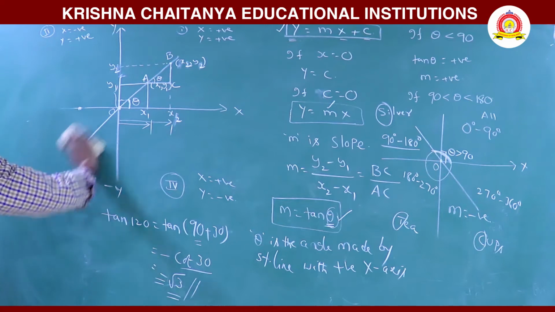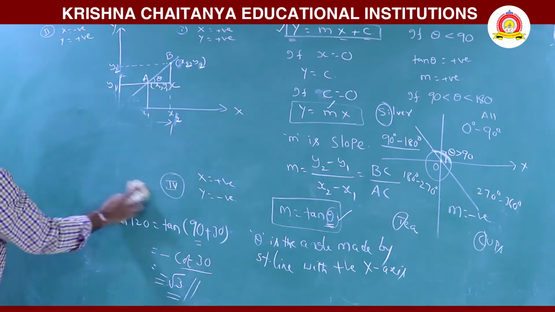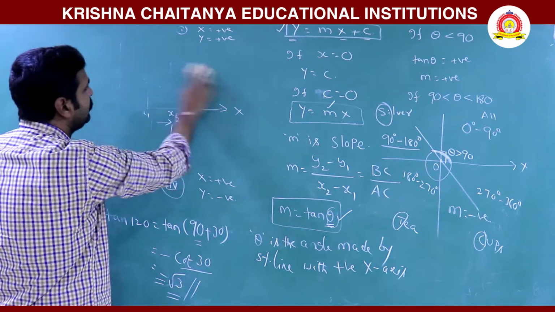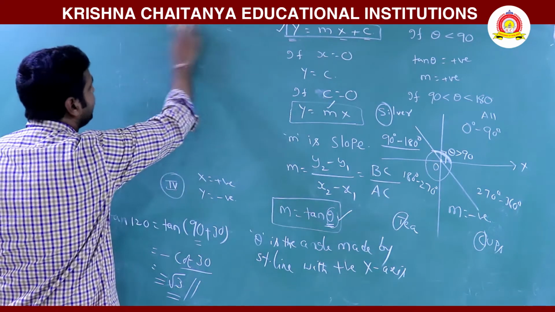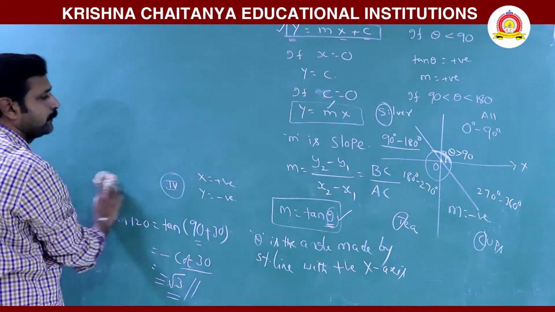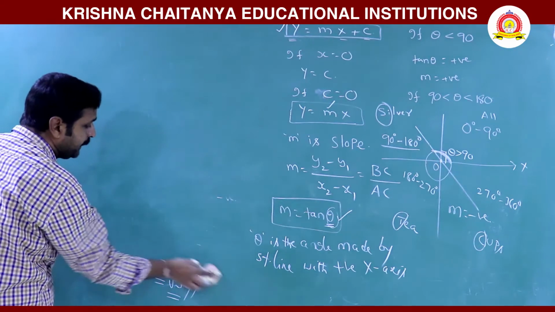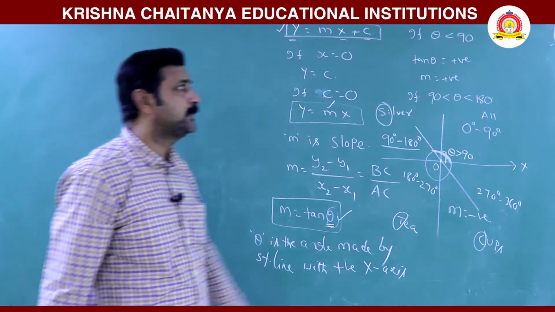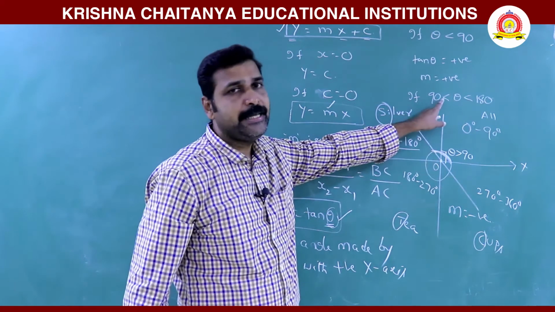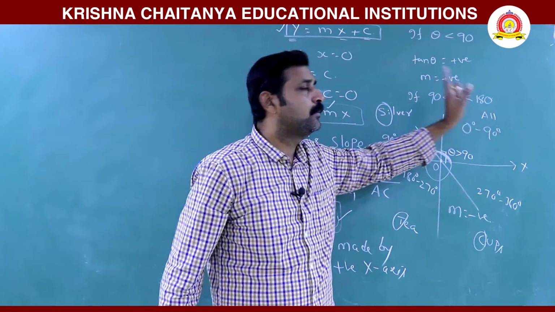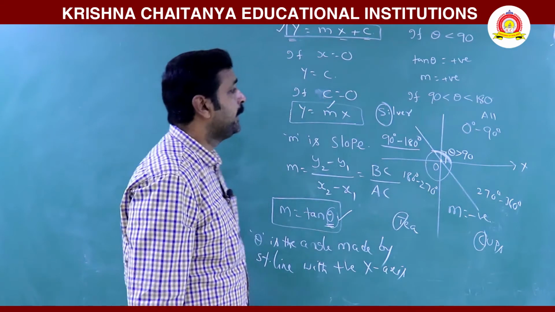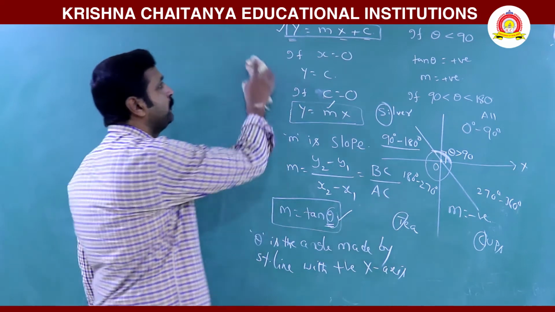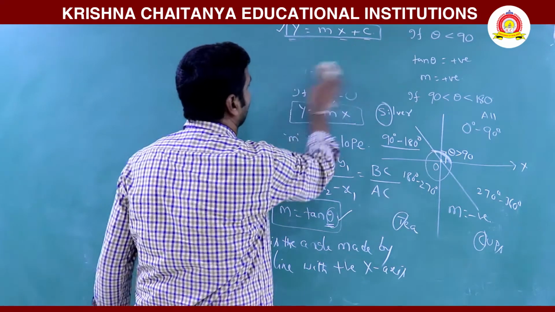Now here we discussed two straight lines passing through the origin, one having a positive slope, another having a negative slope. Negative slope means the angle lies between 90 and 180, and if the angle lies between 0 and 90, then the slope is always positive.